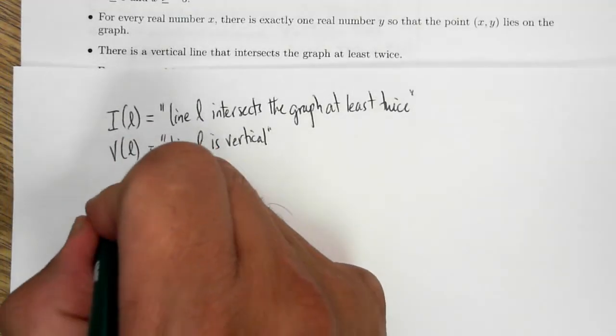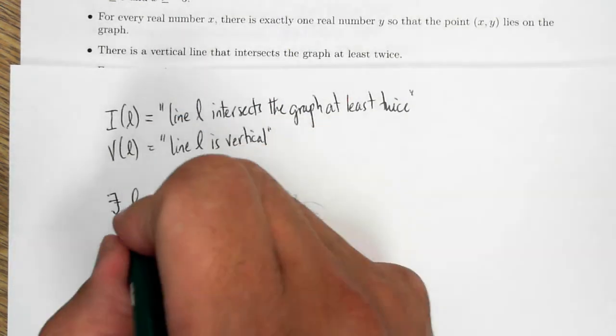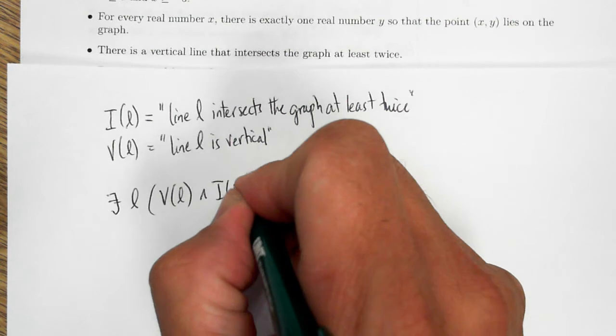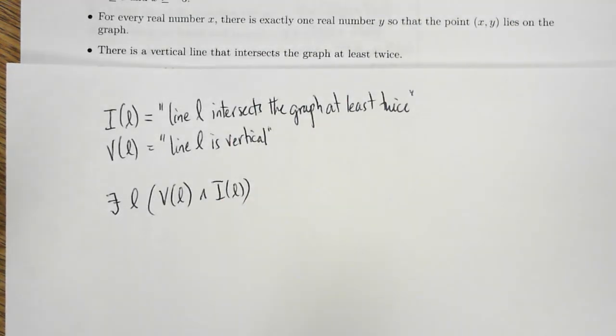Then there exists a line such that the line is vertical and the line intersects the graph at least twice. So that would be the original statement.